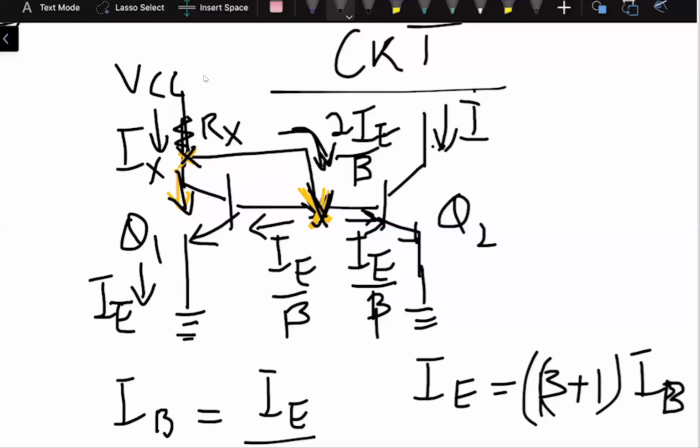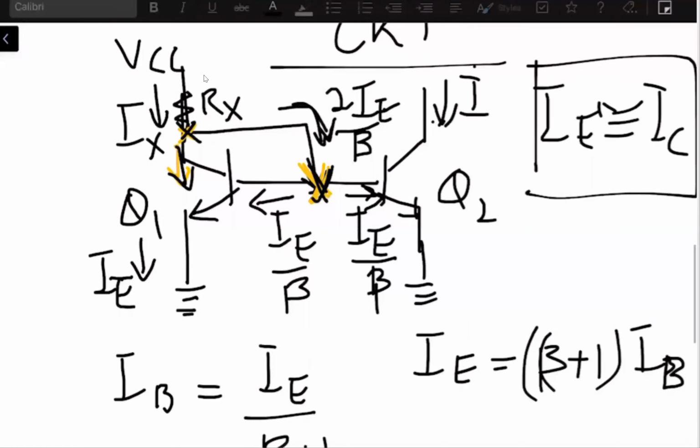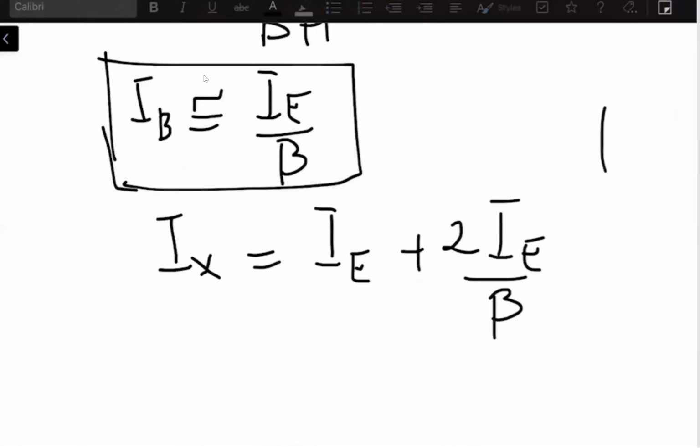So IX should be equal to the current flowing in the collector leg plus the current which is 2IE by beta. But we also know that IE is approximately equal to IC, right? So if we write this equation over here, IX should be equal to IE plus 2IE by beta. Are you with me?